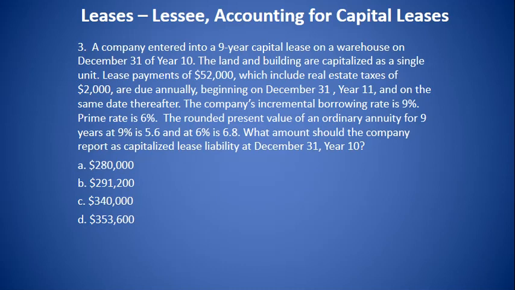The company's incremental borrowing rate is 9% and prime rate is 6%. The rounded present value of an ordinary annuity for 9 years at 9% is 5.6, and at 6% is 6.8. What amount should the company report as a capitalized lease liability at December 31st, year number 10? So again, stop your video. When you're ready, restart the video and review your answer.